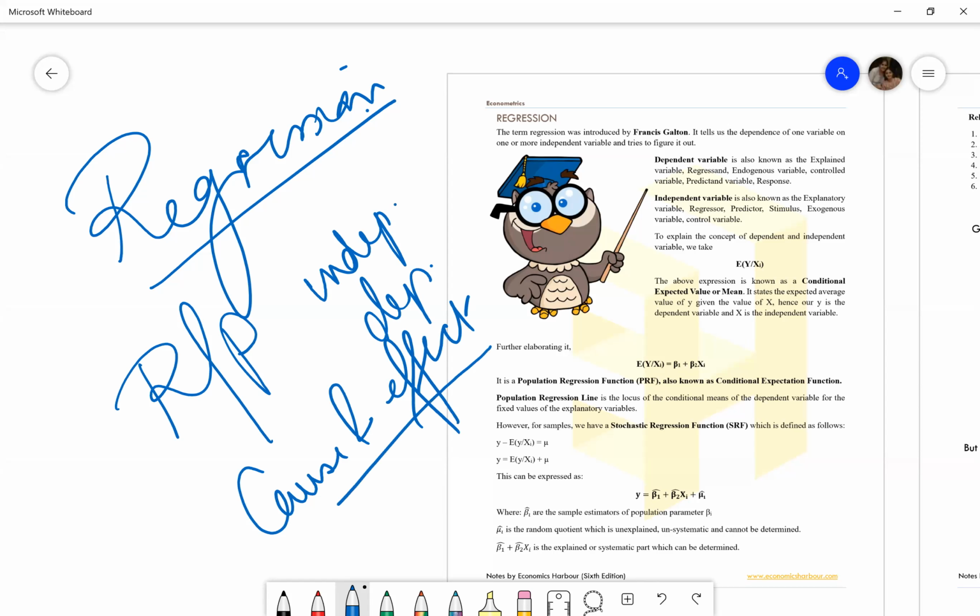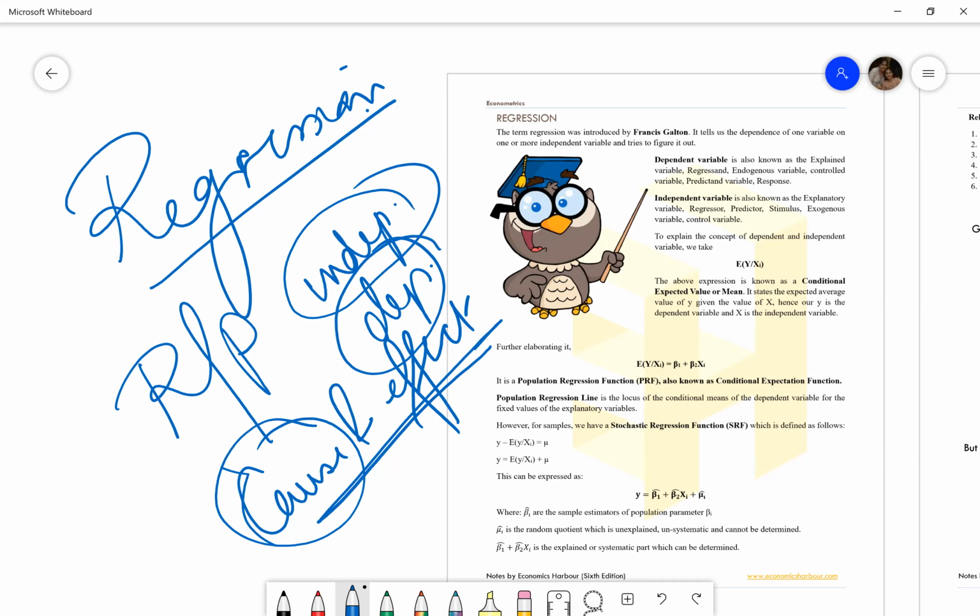This cause and effect is the difference between your correlation and regression. Correlation also tells you the relationship between two variables, but it will not tell you which is the independent variable and which is the dependent variable. Or in other words, which is the cause and which is the effect. And this is answered by regression.